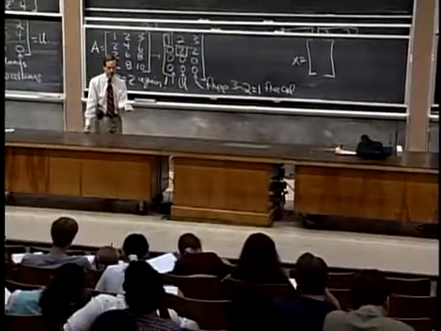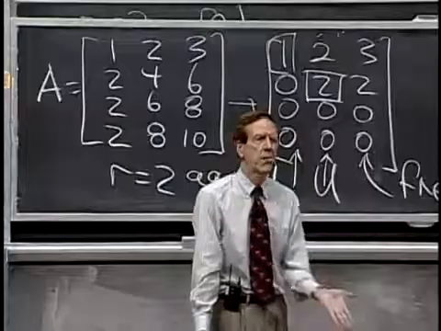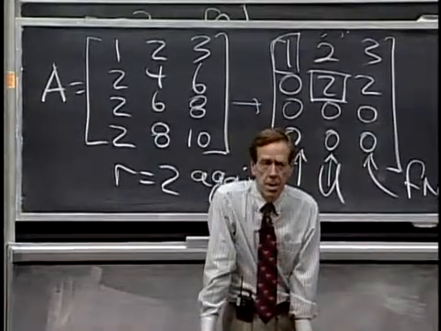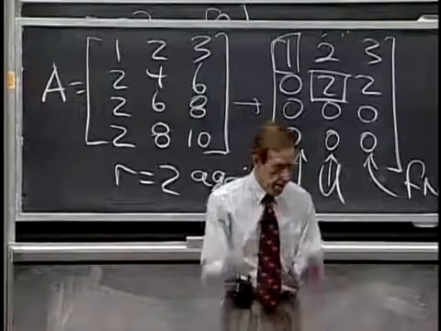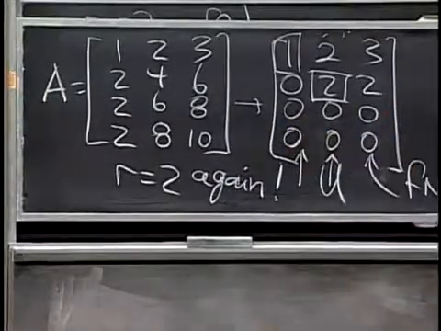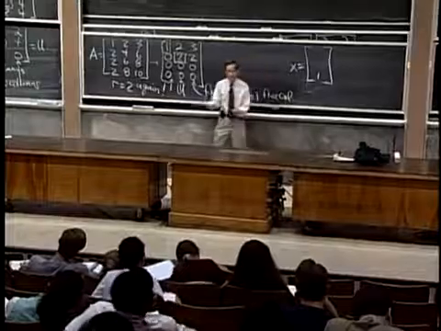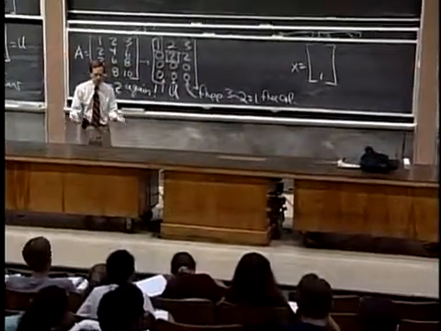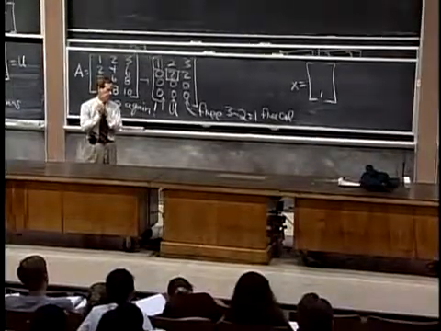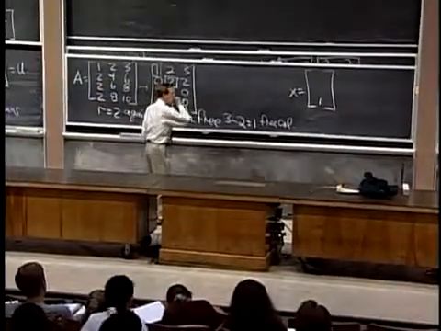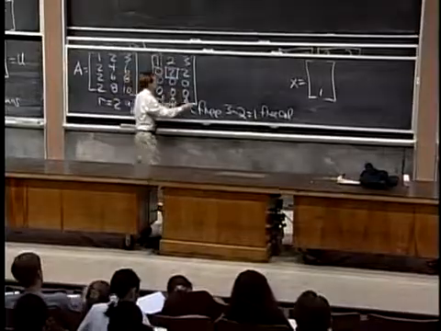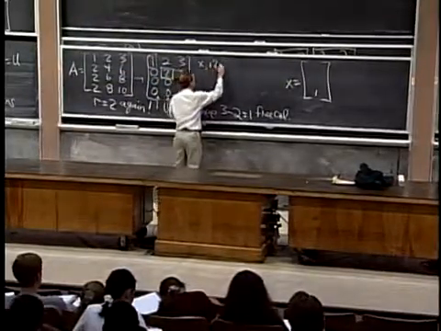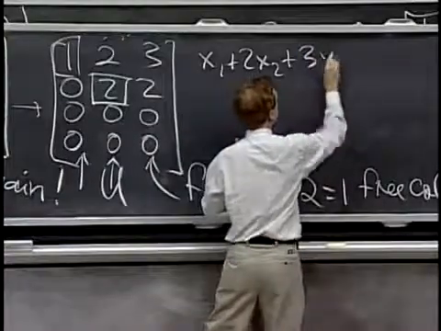I give the free variable some convenient value. And what's that? I set it to 1. If I set the free variable to 0 and solve for the pivot variables, I'll get all zeros, no progress. But by setting the free variable to 1, my equations are x1 plus 2x2 plus 3x3 is 0.